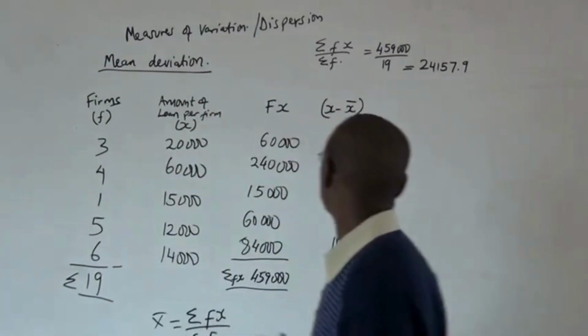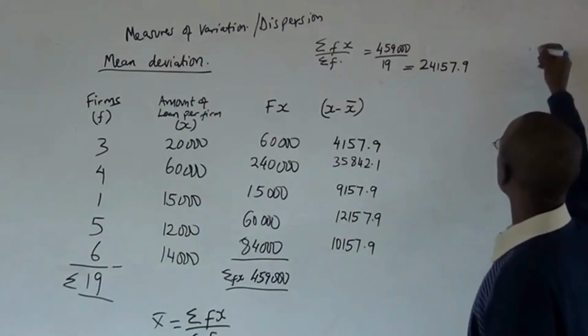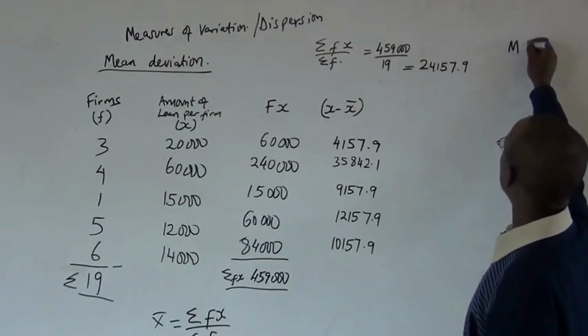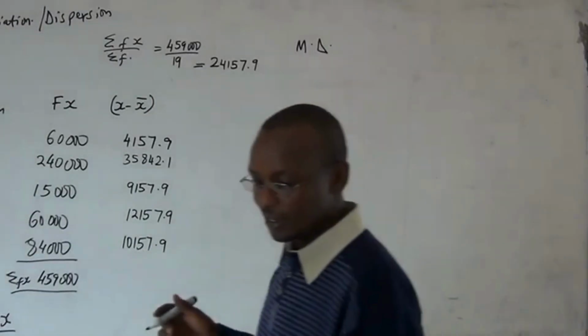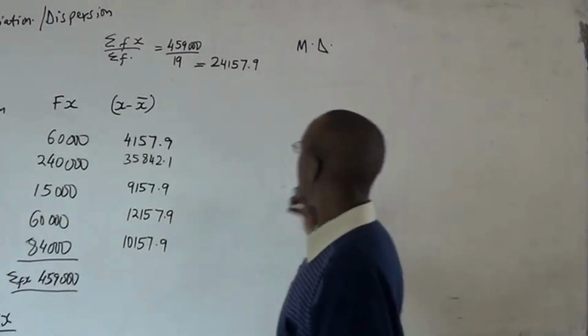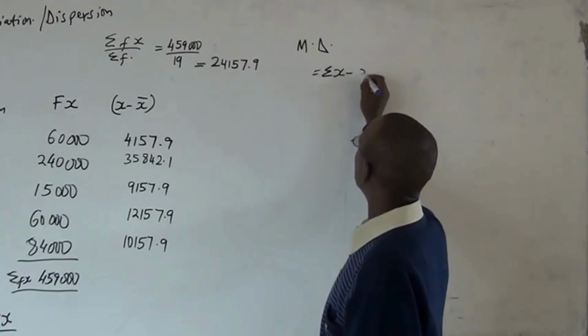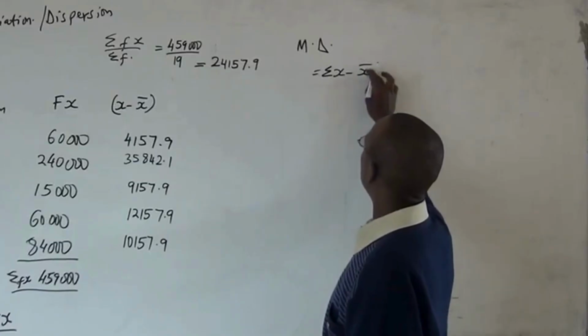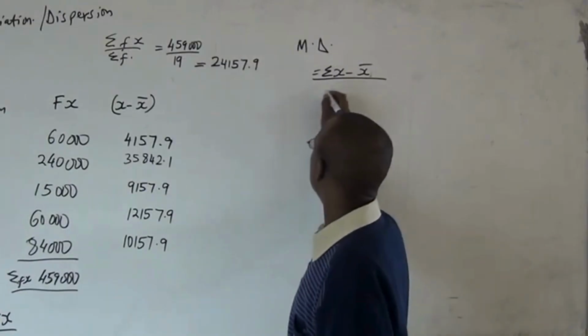Then we are told to calculate the mean deviation. Our mean deviation, you get it by summation of x minus x bar over summation of f.